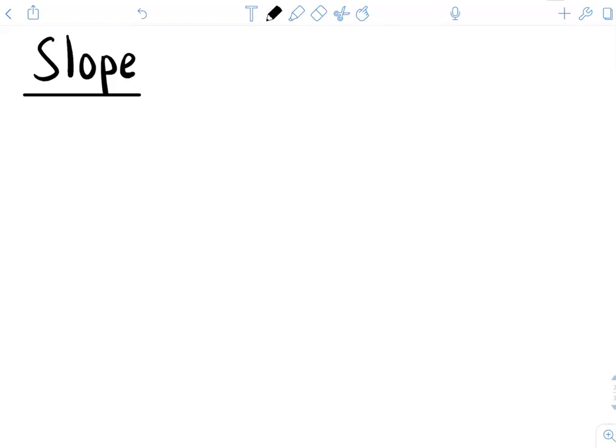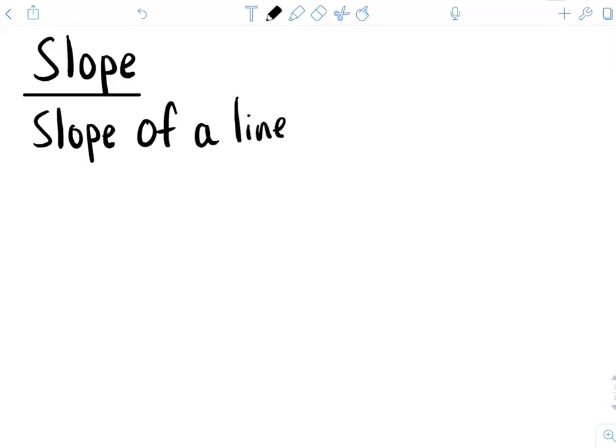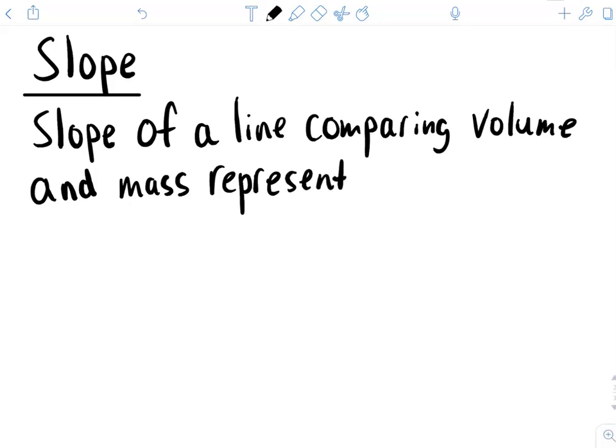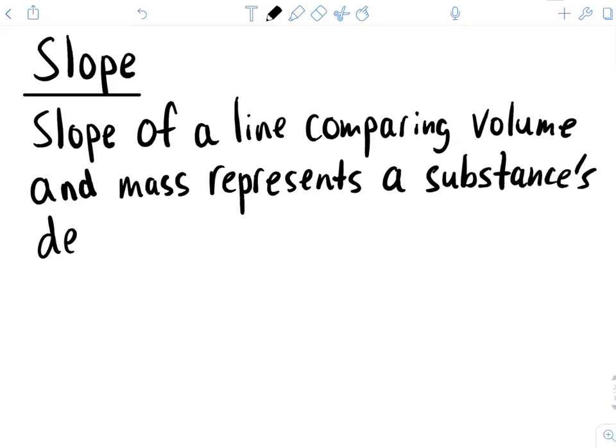With density, the slope of a line comparing volume and mass represents a substance's density. And you may be like, well, how can that be?